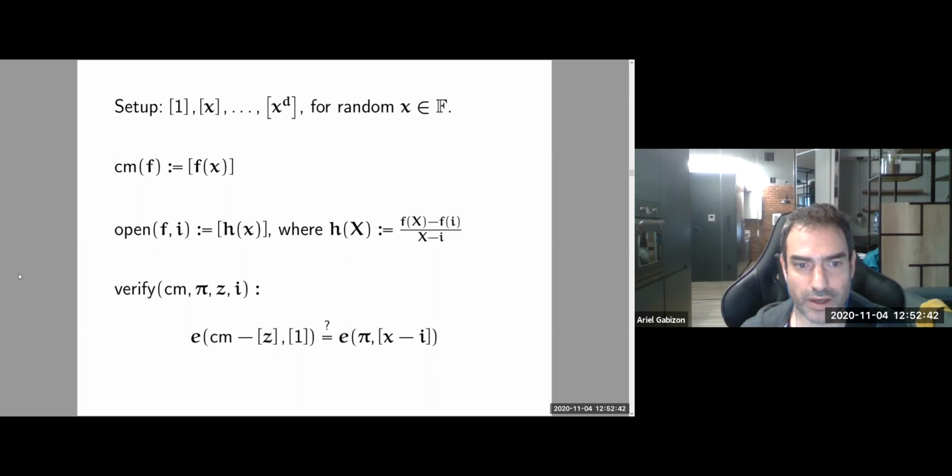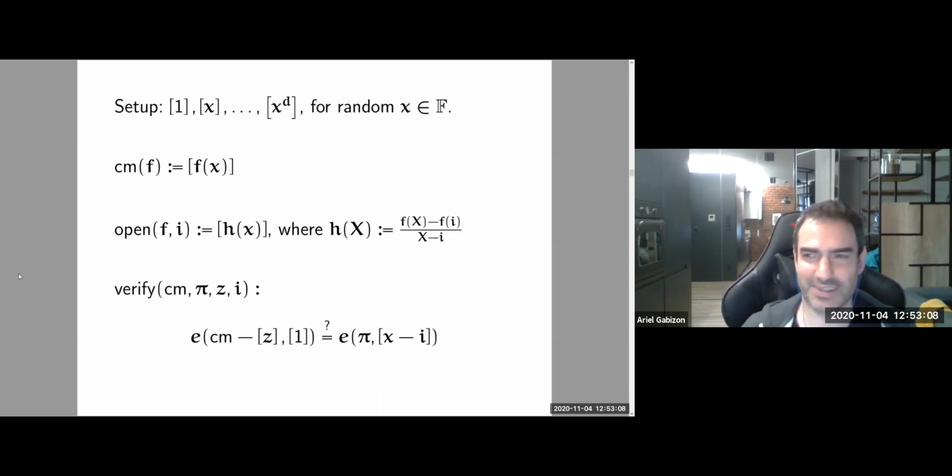What's kind of displeasing about assumptions like the algebraic group model is that classic crypto assumptions are about what the adversary can't do, like you cannot find x given g to the x, for example. And the algebraic group model, these non-falsifiable assumptions, are assumptions about what the adversary can do.